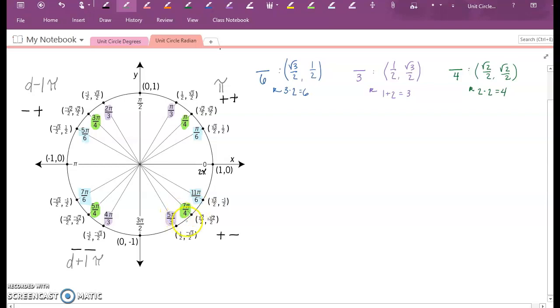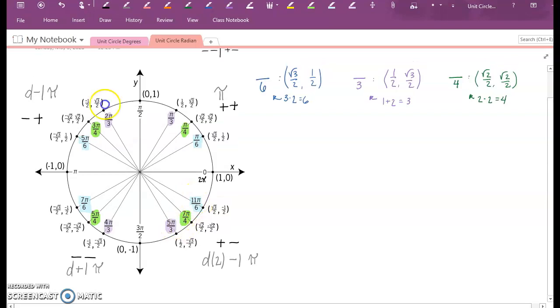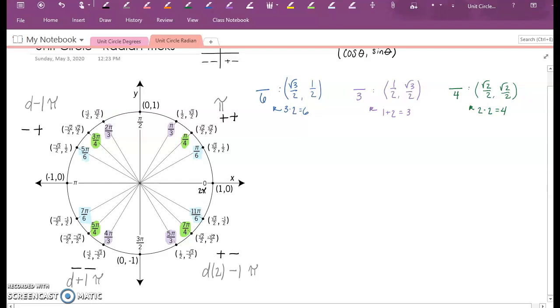And then finally, in the fourth quadrant, we have the denominator times 2, and then minus 1 pi. 3 times 2 is 6, minus 1 is 5. 4 times 2 is 8, minus 1 is 7. 6 times 2 is 12, minus 1, 11. So all of these are the denominator times 2 minus 1. And then finally, as we go along in the unit circle, 0, pi over 2, pi, 3 pi over 2, and then 2 pi. Those are all of my axes.